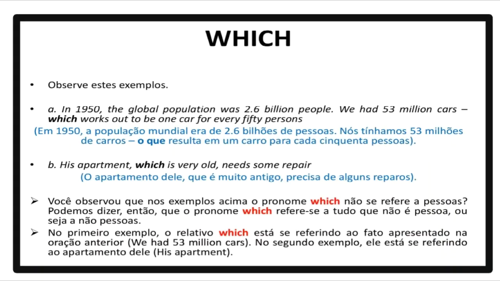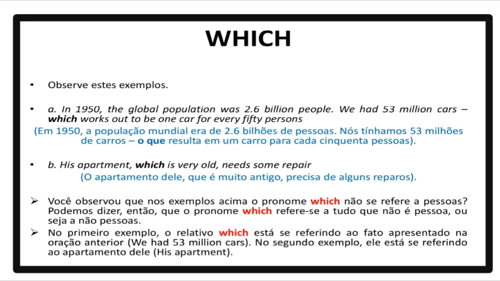Now let's compare with the relative pronoun which. Observe. Letter A, in 1950, the global population was 2.6 billion people. We had 53 million cars, which works out to be one car for every 50 persons. Letter B, his apartment, which is very old, needs some repair. Did you see?